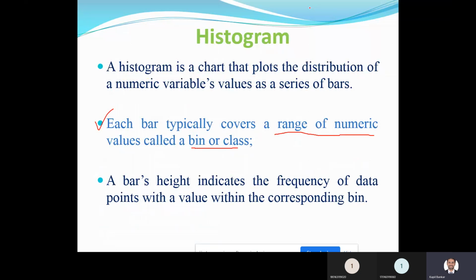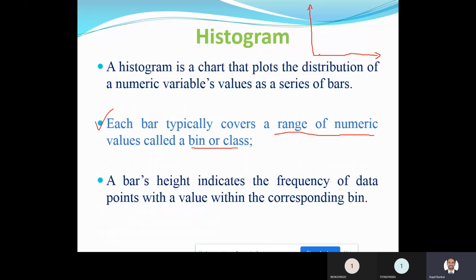Suppose this is your diagram, this is your y-axis and this is your x-axis.